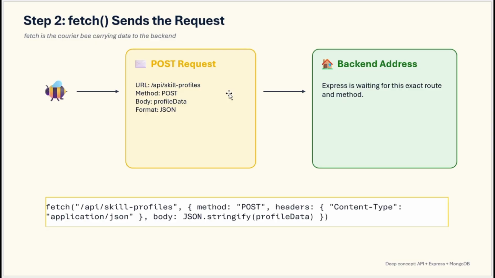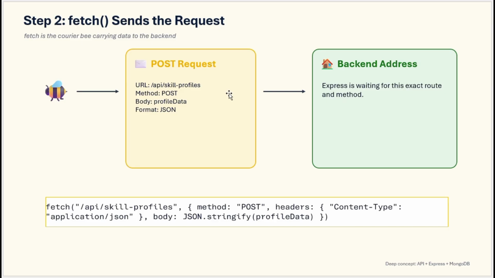Next, the frontend has to send the object to the backend, and this is where fetch comes in. I personally like to think of fetch as a courier bee. It carries the data from the browser to the server. For creating something new, we usually use a POST request.